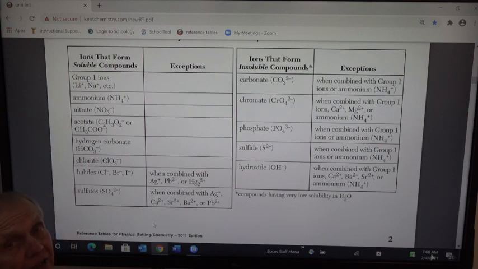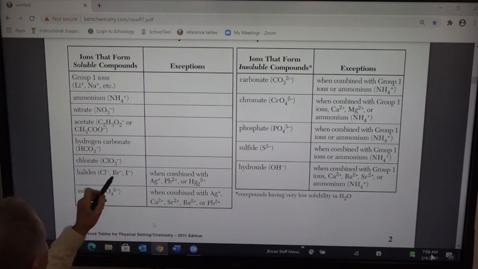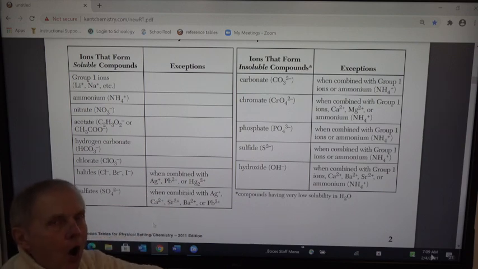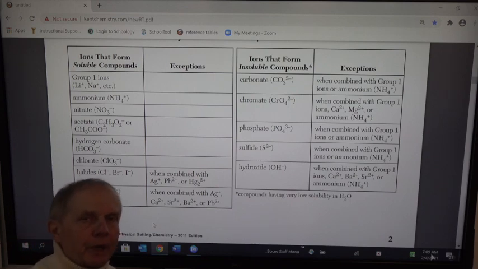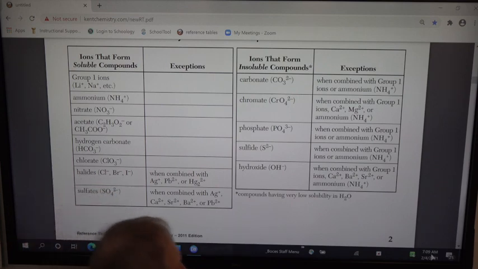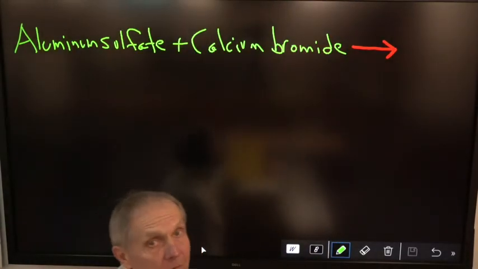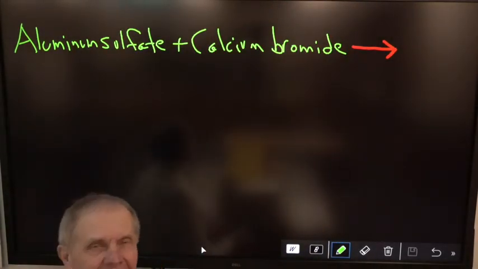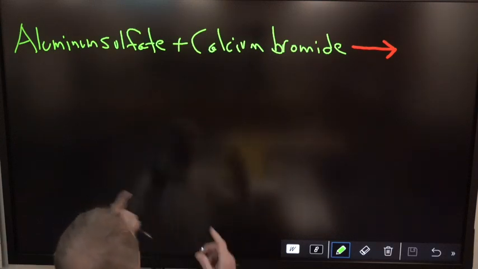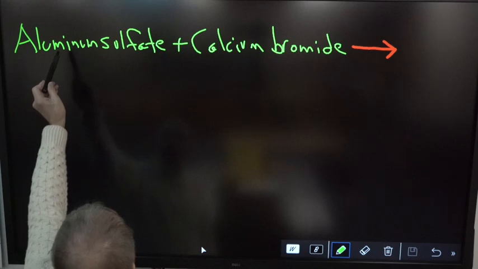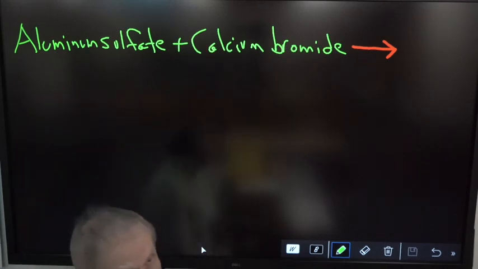Now let's look at calcium bromide. There's bromine, always soluble unless it's hooked up with silver, lead, or mercury. So calcium bromide, always soluble. So both reactants are totally soluble. Now, to get the products, it's really easy. You just flip-flop the first two positive ions. So in other words, aluminum will flip-flop with calcium.